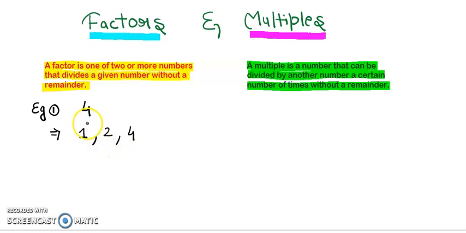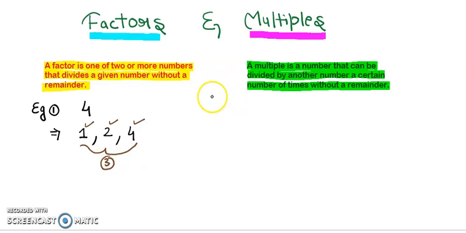So finally, I will say that the factors of 4 are 1, 2 and 4. Here how many factors do we have? We have a total of 3 factors of the number 4.